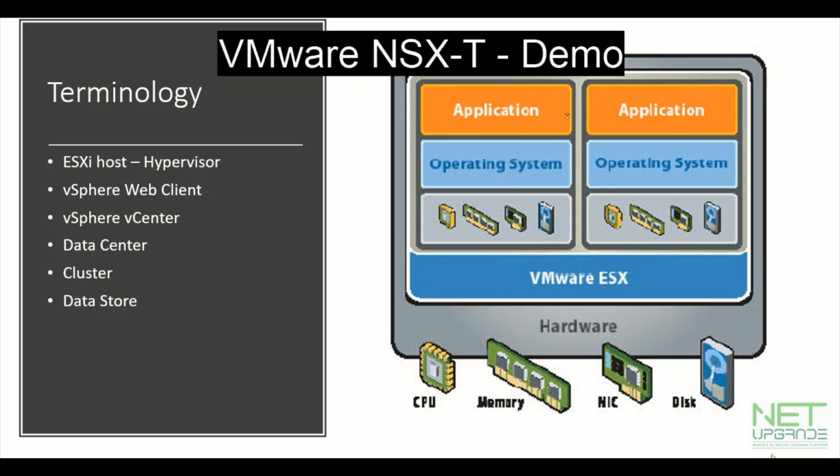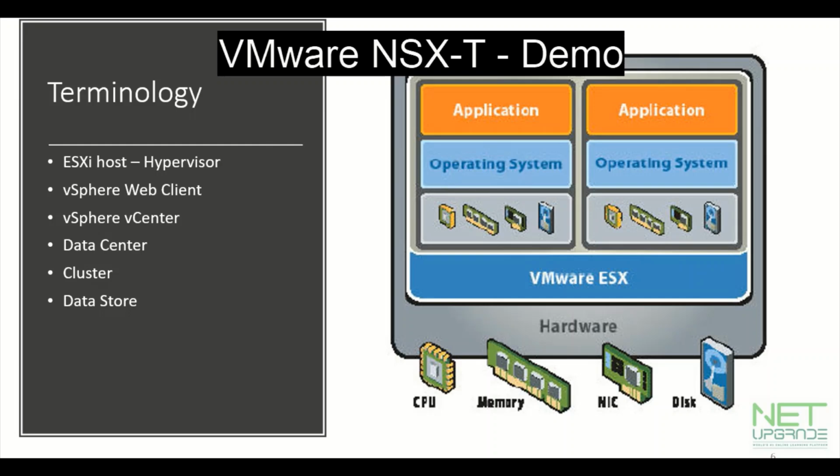Now, in the VMware world, I know most of us are new to this technology, but I'll give you the very basic fundamental background so you understand the entire component of VMware, right?